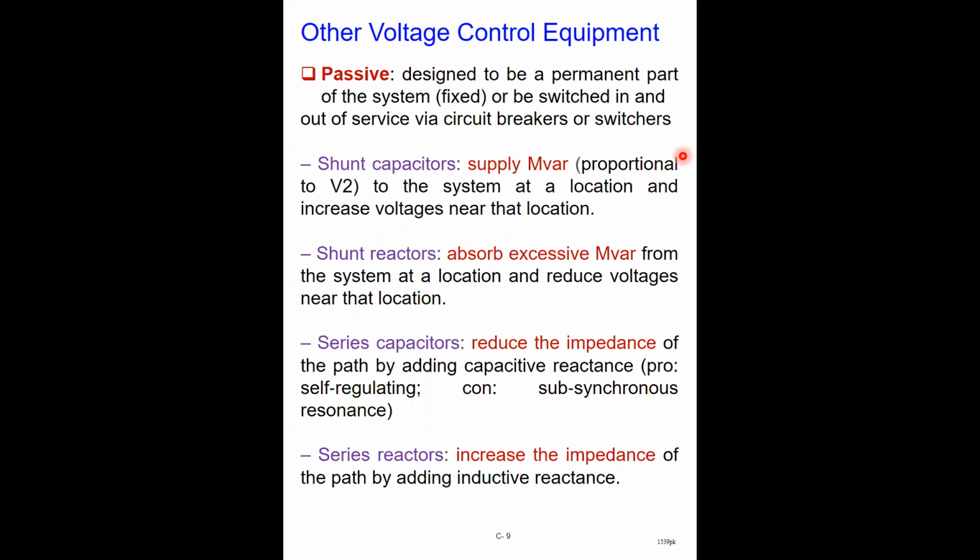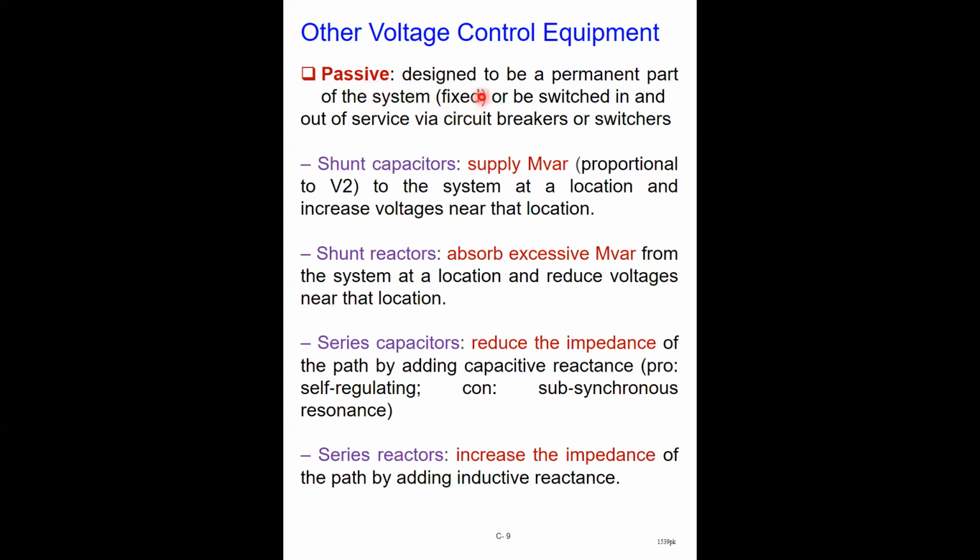Okay, what are the other voltage control equipment, and they are listed here, but all those are passive equipment, which means they are designed to permanently supply reactive power, right?